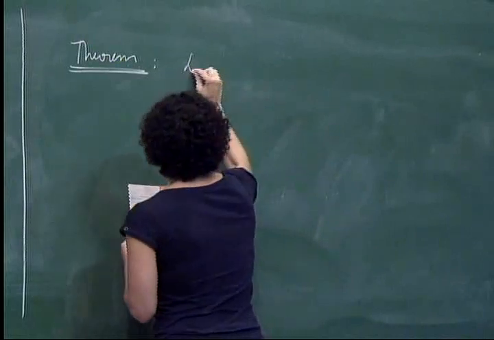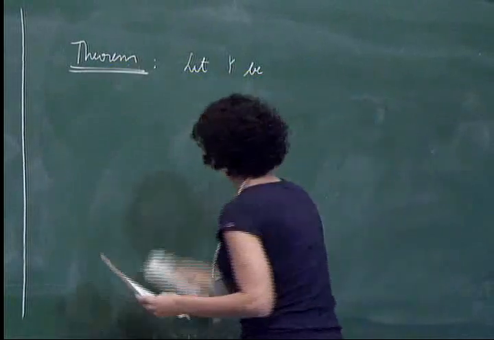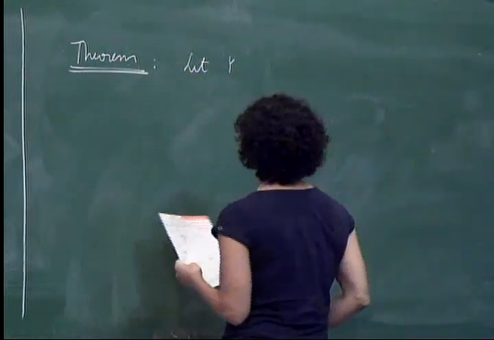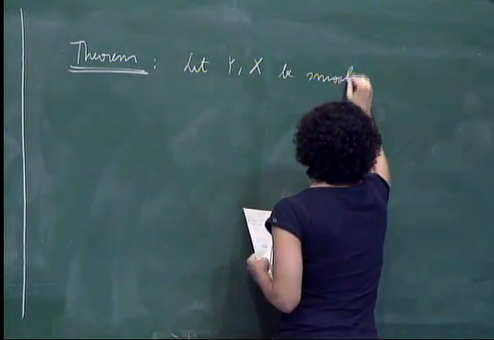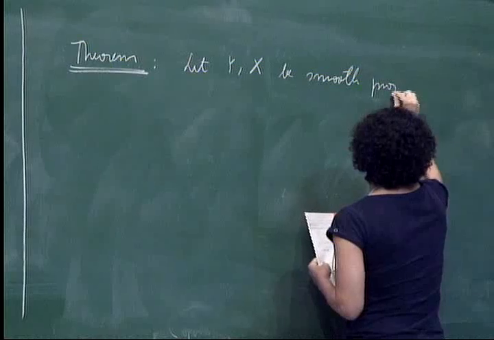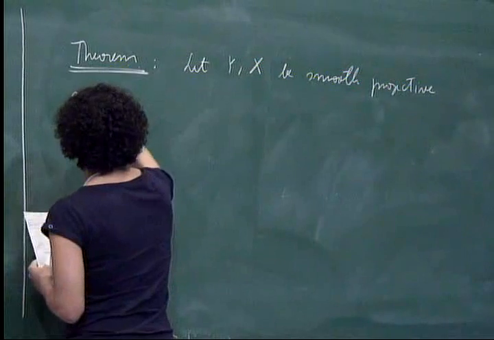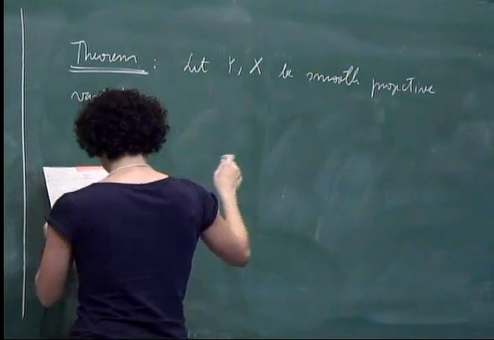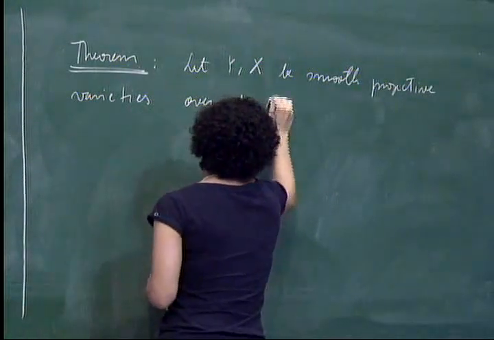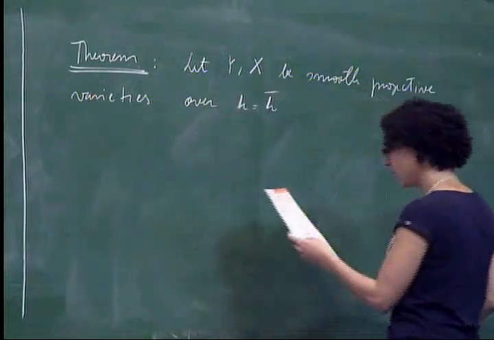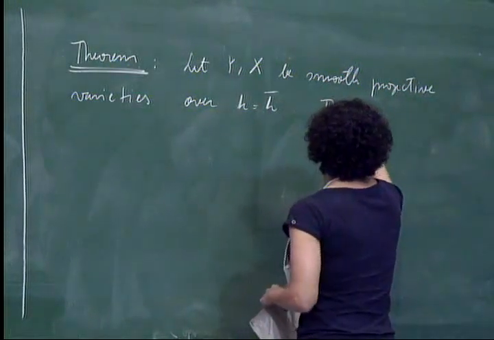So again, for simplicity, let X and Y be smooth projective varieties over an algebraically closed field K. Then the following holds.